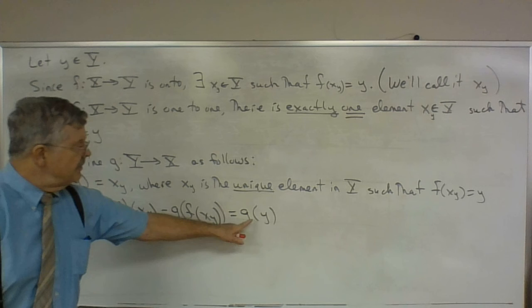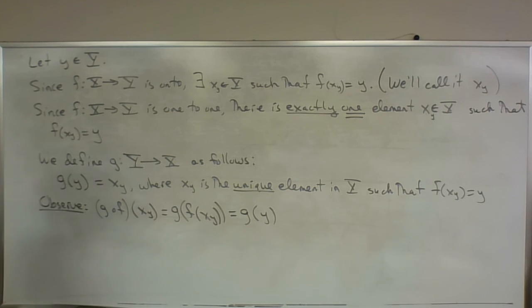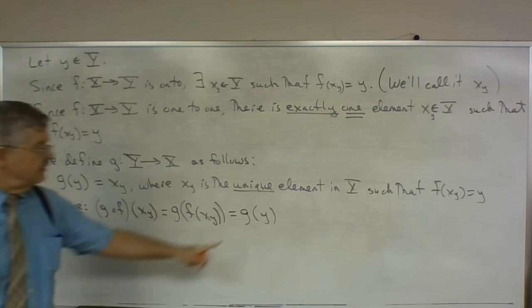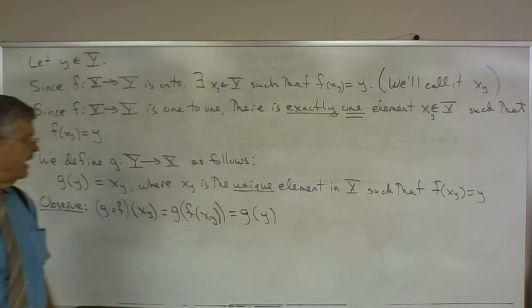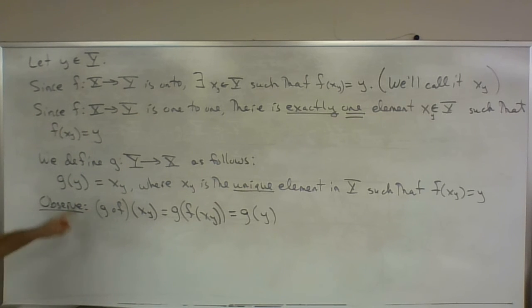Now, g evaluated at y, what is that? We have it defined up here. g evaluated at y is the unique element x sub y that is assigned to element y by the function f. So g evaluated at y is this unique element x sub y.